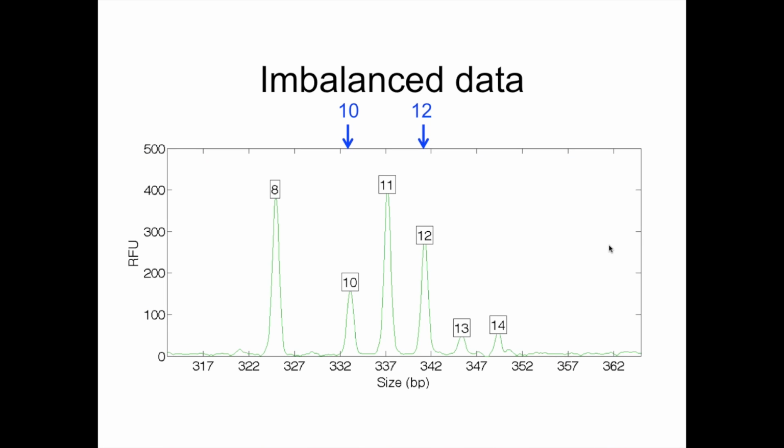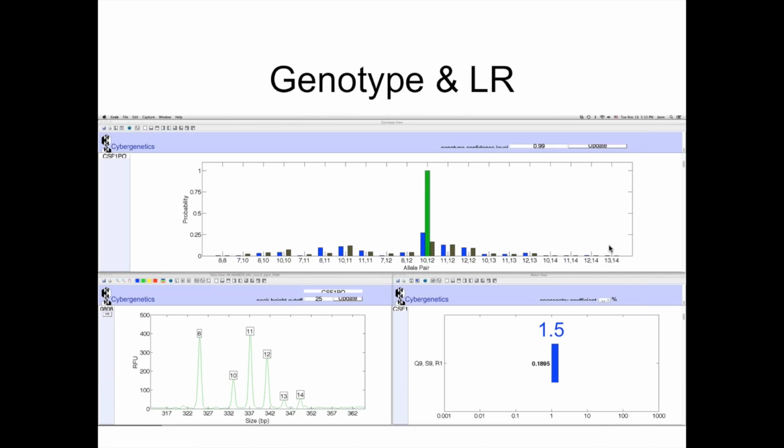Let's look at a second case of imbalanced data, imbalanced peaks or alleles. Here, in this 3-person mixture, we know from other information, though again the computer doesn't when it solves the problem, that there's a 10 and a 12 as an allele pair that's contributed as DNA, but the peaks 10 and 12 are imbalanced.